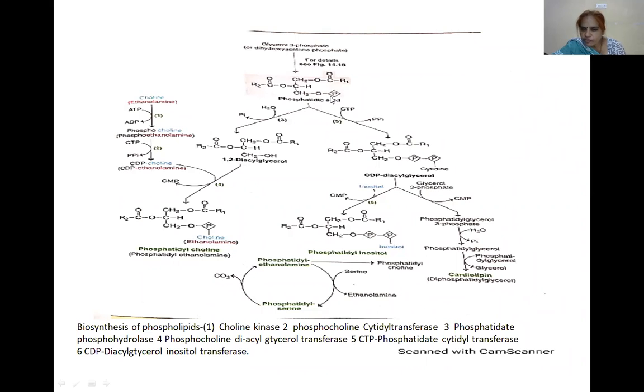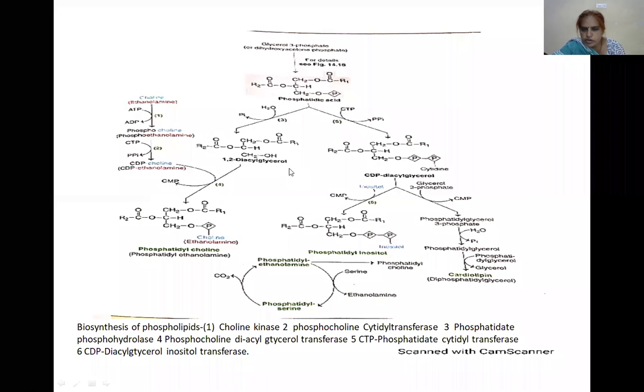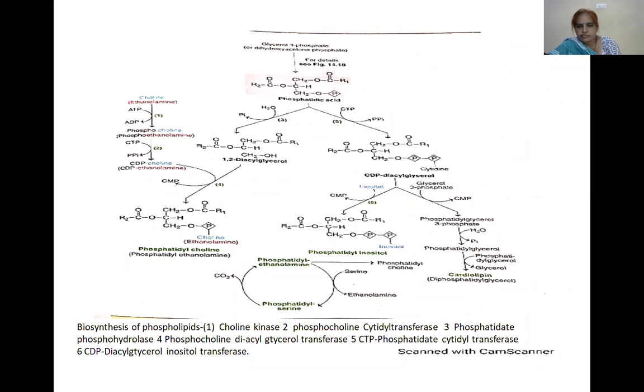The conversion of phosphatidate to 1,2-diacylglycerol is catalyzed by phosphatidate phosphohydrolase.